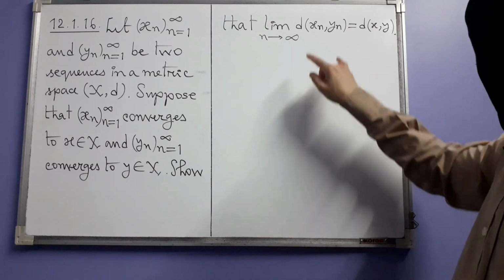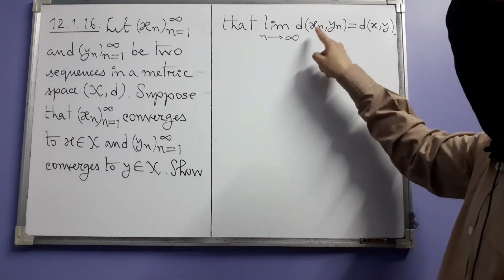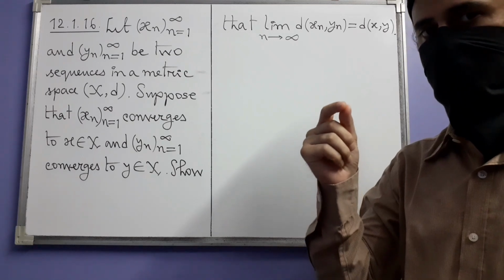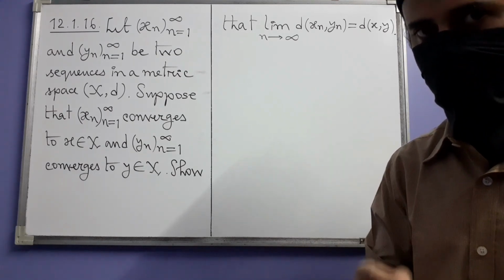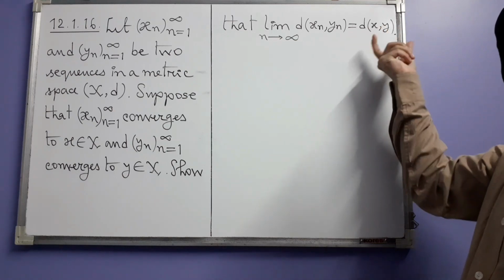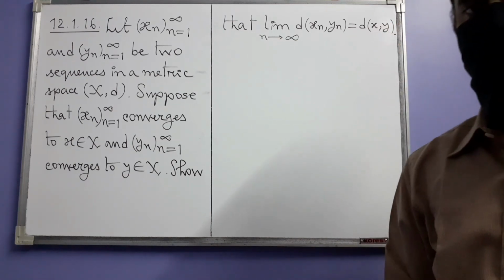Then we have to prove that this sequence d(xn, yn), that is the sequence of the distances between xn and yn, the corresponding terms of these sequences, converges to the distance between x and y.